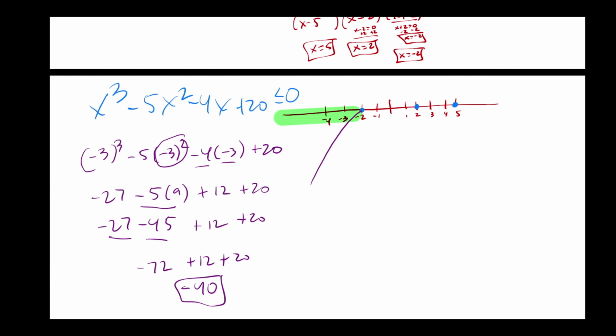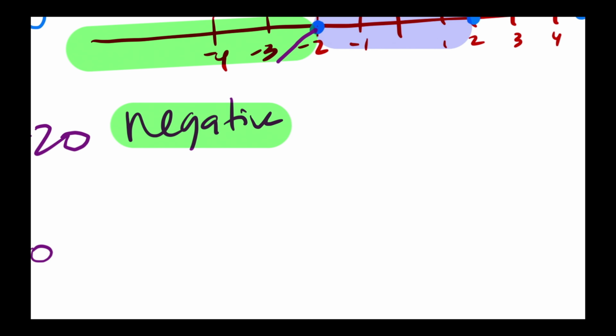Now let's test this middle area right here. We know the value of our function is negative in the green area. Now let's look at the purple area. Let's plug in a value in the purple area.